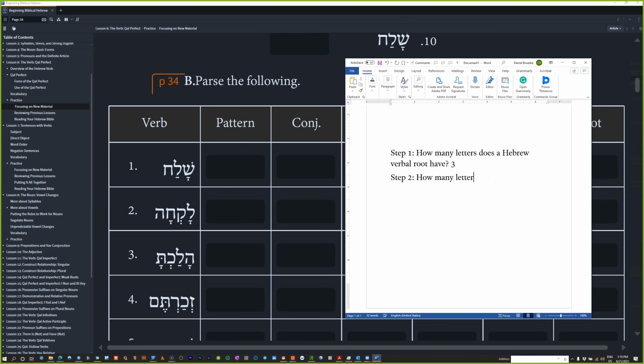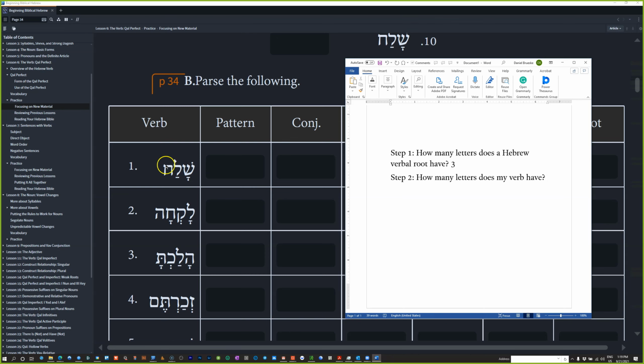Step 2. How many letters does my word have? And you might just say my verb because we're talking about verbs here. How many letters does my verb have? Well, that's pretty easy. It has 3. I'm not going to put the answer here because this will always change. Step one should not change. So how many letters does my verb have? 3. Oh, great. Then I probably am looking right at my root.